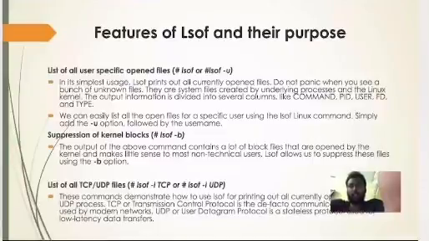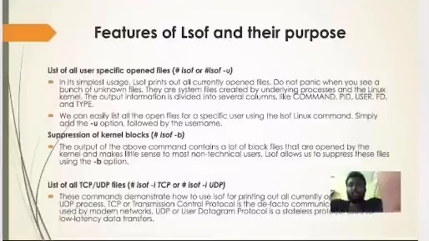Now we can go for the separation of kernel blocks, that is lsof -b. The output of the above command contains a lot of block files that are opened by the kernel and makes little sense to most non-technical users. LSOF allows us to suppress these files using the -b option.